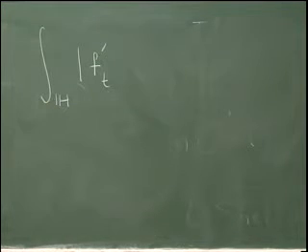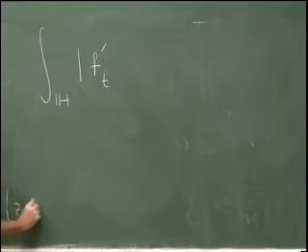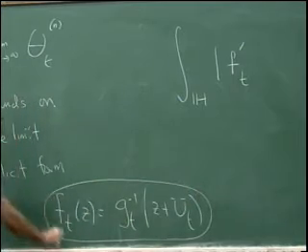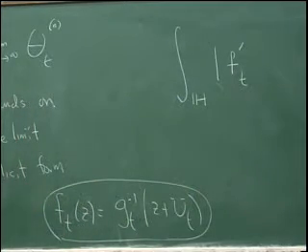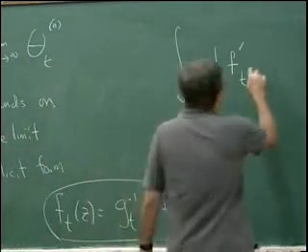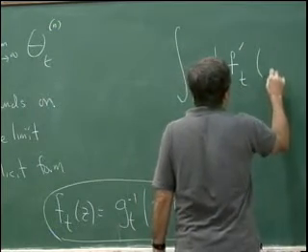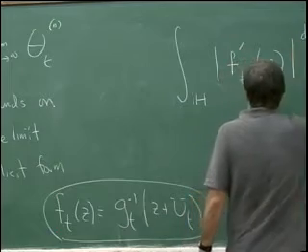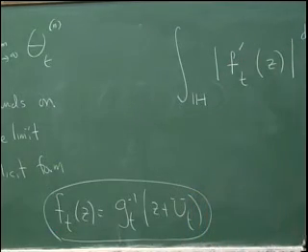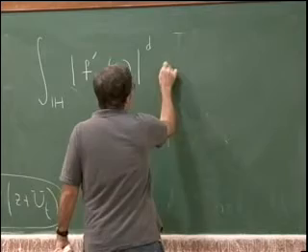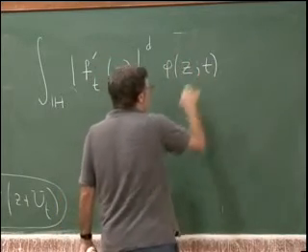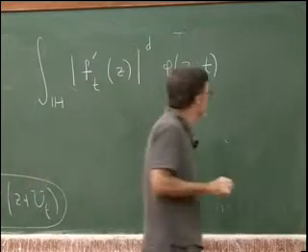F_t of z equals g_t inverse of z plus U_t, evaluated at z, raised to the d. I have to tell you what phi is. I haven't told you that.